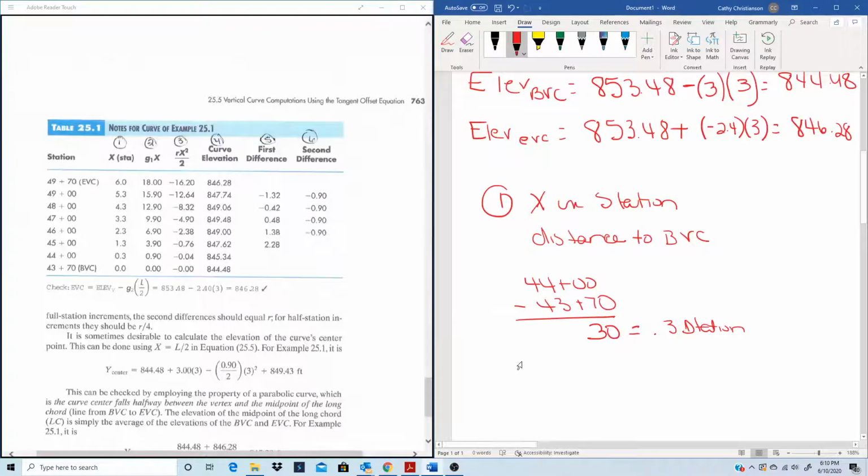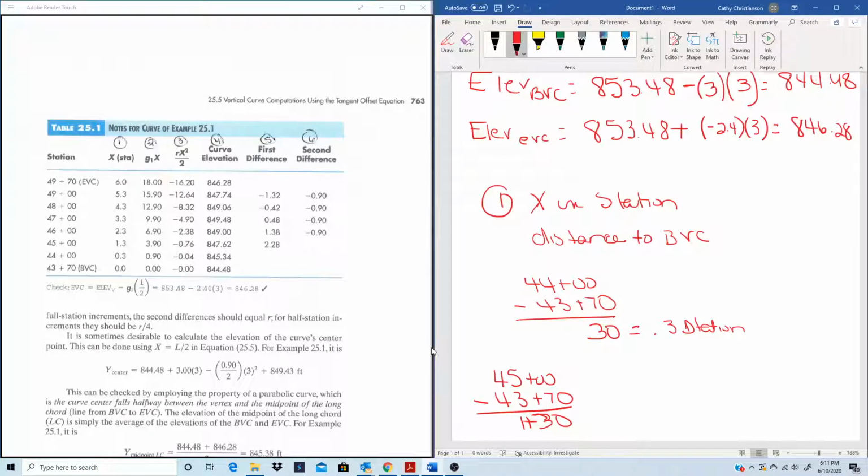So you just divide it by 100 to put it back in stations. There's 30 feet here, so that would be 30 divided by 100, 0.3. Now for the next one, we're going to 45. So for the difference between 45 plus 00 minus 43 plus 70, that leaves me 130, 1 plus 30.